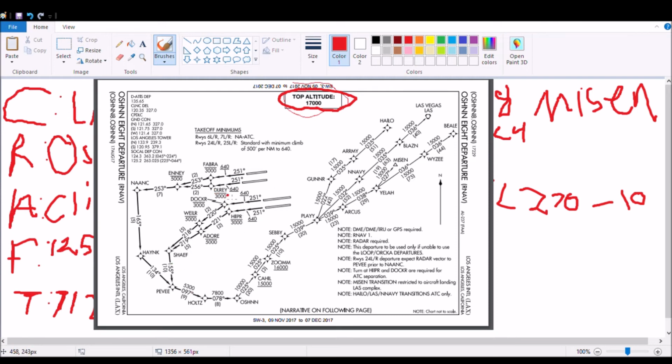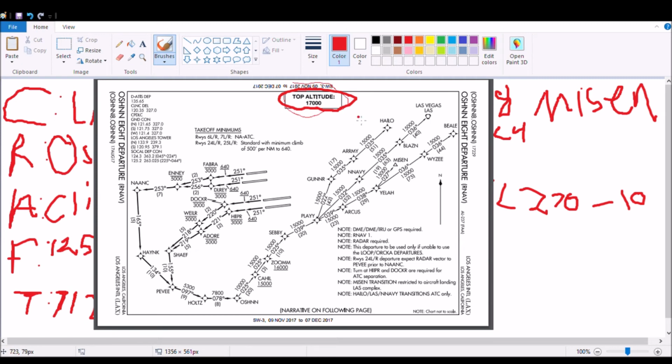So let's say we went off runway 24 right, so Delta at or below 3,000, and then we just follow this RNAV path all the way around. CAHILL at or above 15,000, ZOOM at or above 16,000, and then just follow the track onto Meissen. And by the time we get to Meissen, we better be at 17,000.